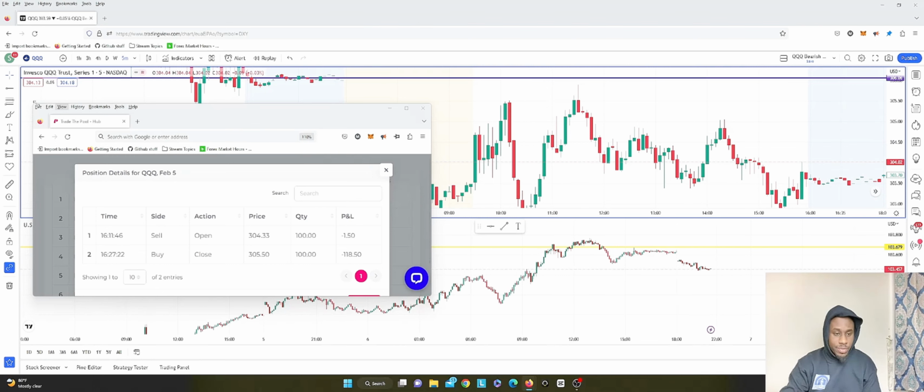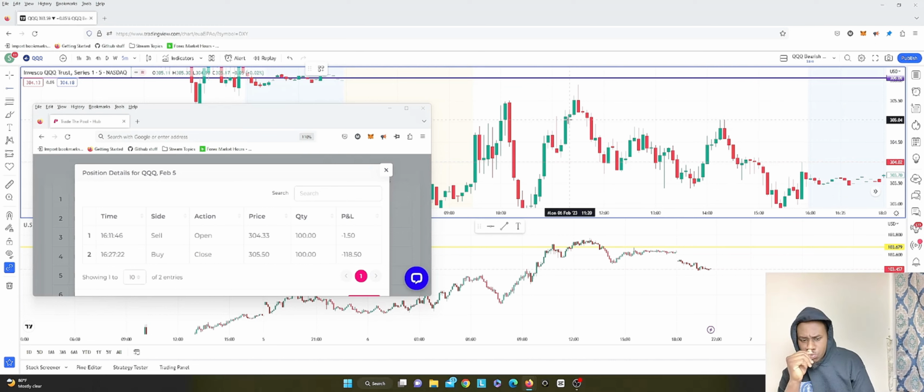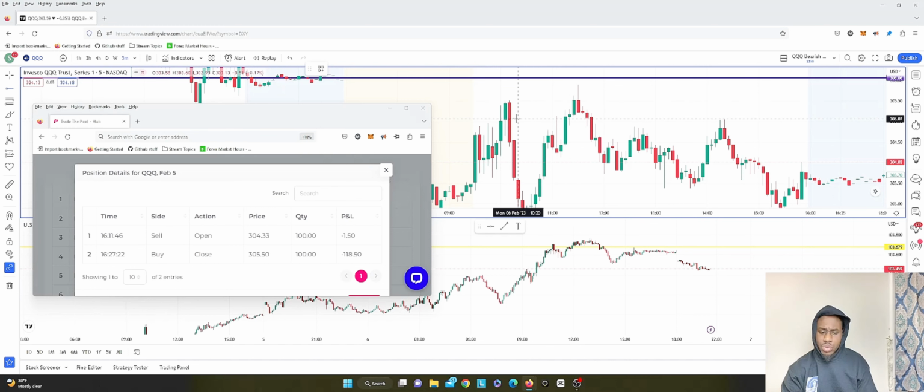So -5 from this, and you can see I entered at 11.11, and I think this was probably a stop buy order or a stop sell order or a limit sell order. I'm not too certain.